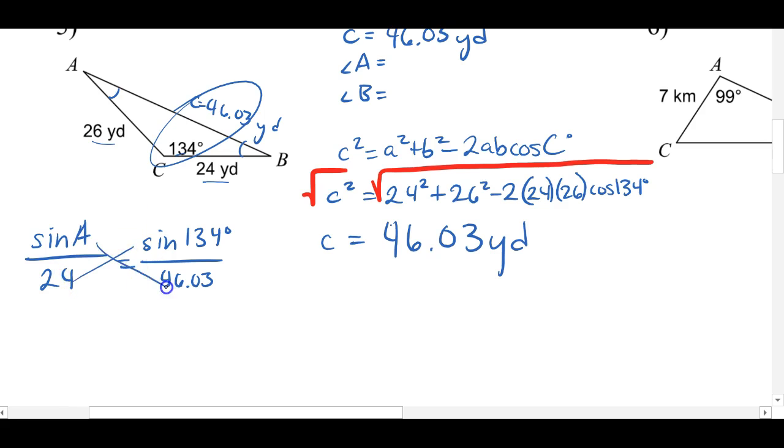And then let's cross multiply. We're trying to isolate this A, so let's bring this 24 up here. So now 24 times the sine of 134 divided by 46.03.